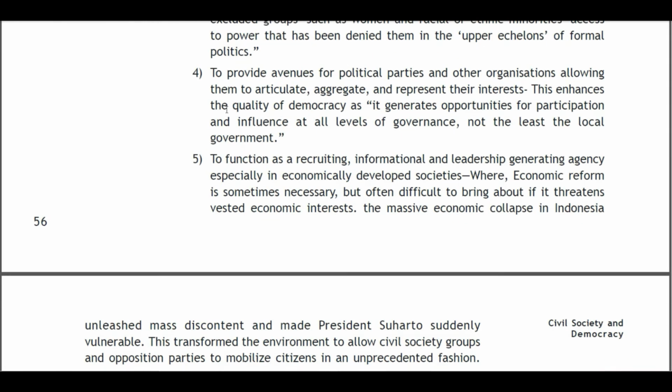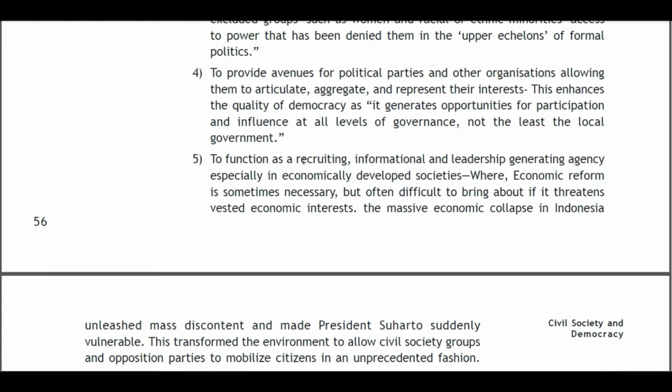Fourth, to provide avenues for political parties and other organizations, allowing them to articulate, aggregate, and represent their interests. This enhances the quality of democracy as it generates opportunities for participation and influence at all levels of governance, not least the local government.